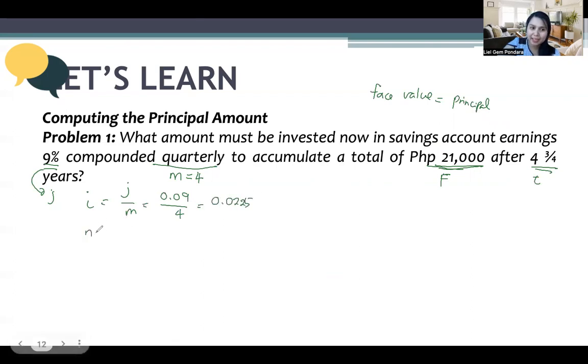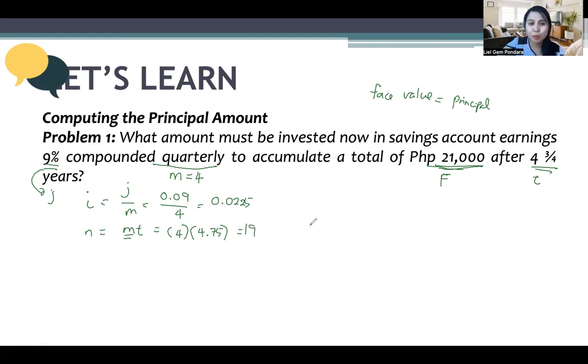How about our n? 19. Okay, so we multiply m times t. m is 4, since it's compounded quarterly, times 4 and 3/4, 4.75. Then the answer will be 19.